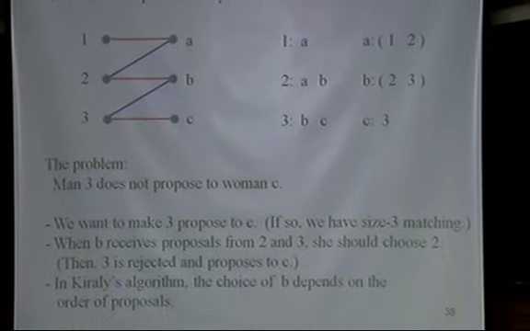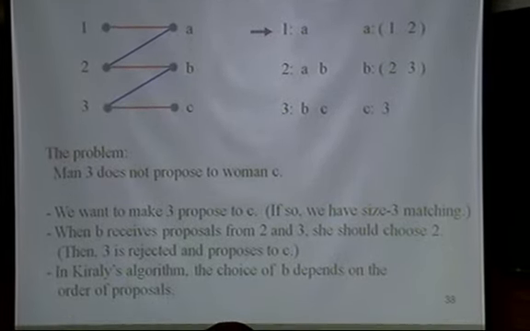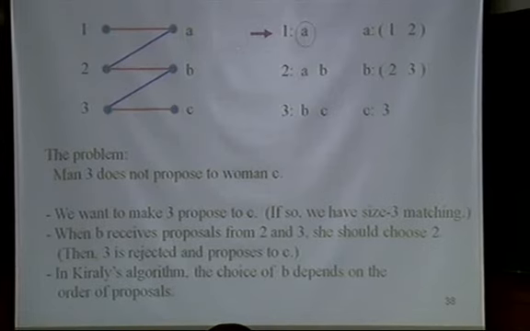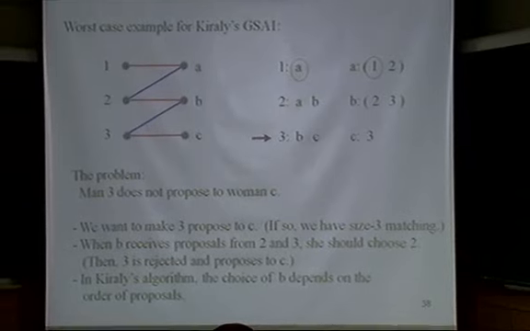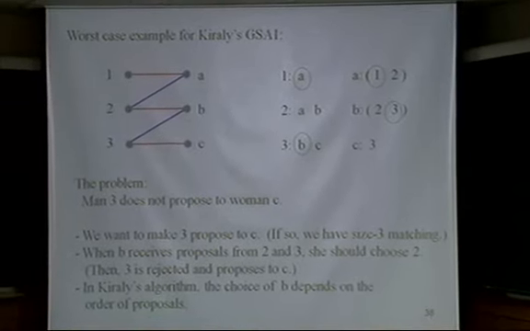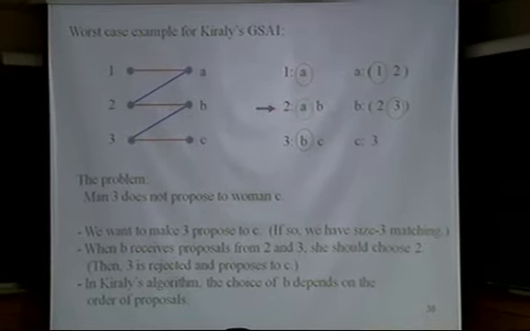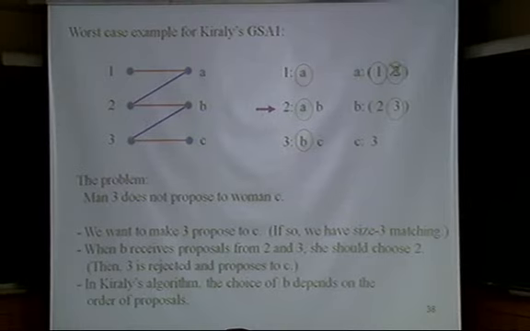I will show the execution. 1 goes to A. 3 goes to B. 2 goes to A, but is rejected. Next, 2 goes to B, but is rejected. And then 2 is promoted, again goes to A, and he wins this time.